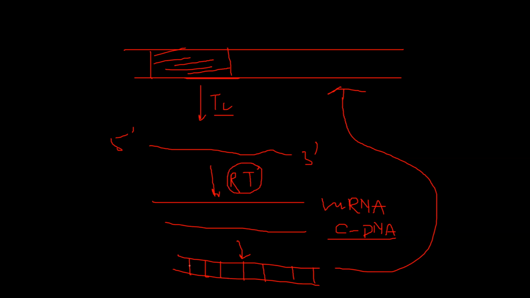This cDNA helix gets duplicated, and this same retrotransposon now gets attached to the genome. So genome size increases and copy number increases. Am I clear? Yes, ma'am. Thank you.